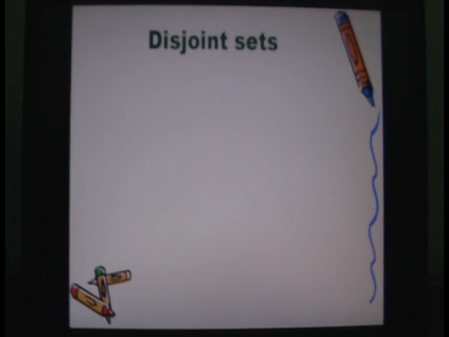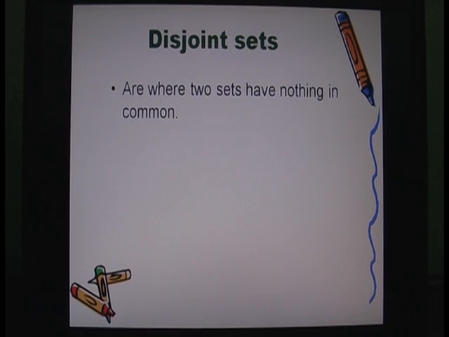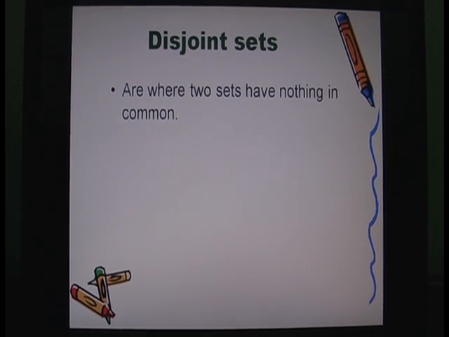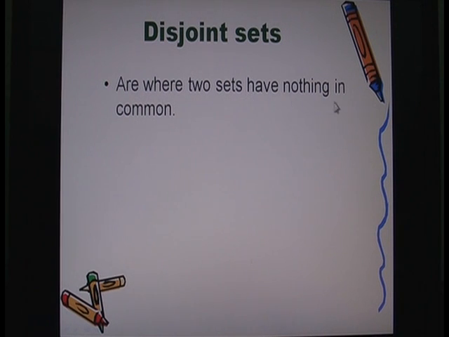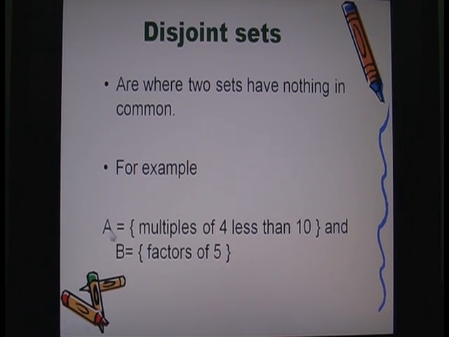Disjoint sets. Disjoint sets are where two sets have nothing in common. For example, A is equal to multiples of 4 less than 10 and B is equal to factors of 5.